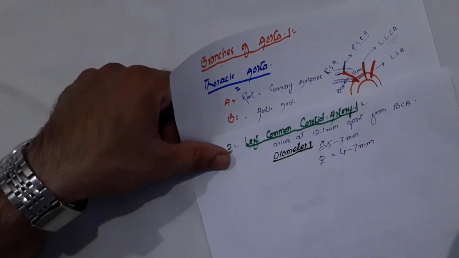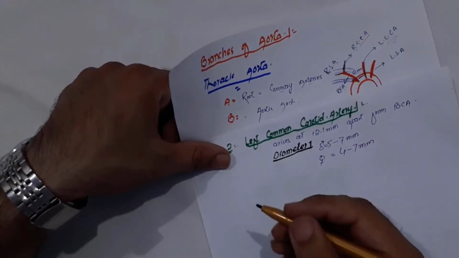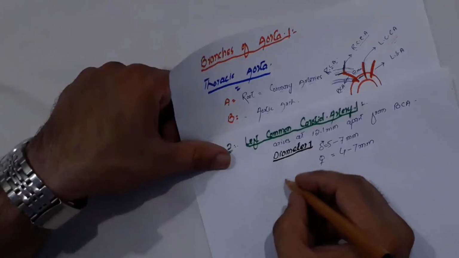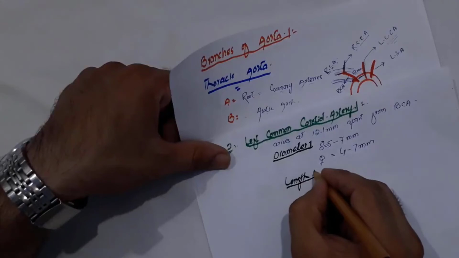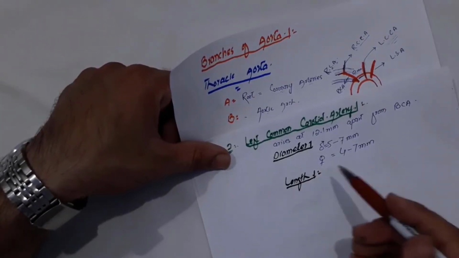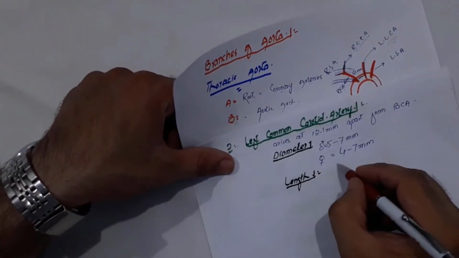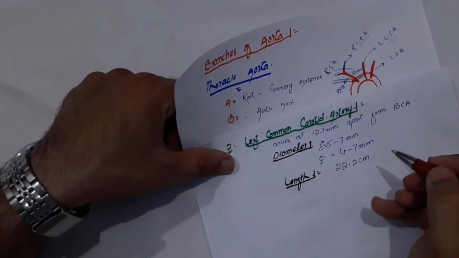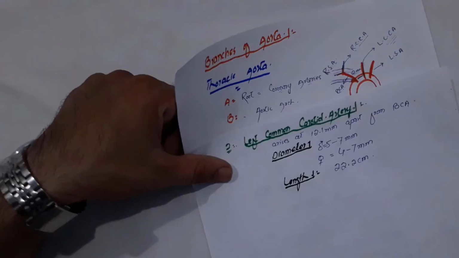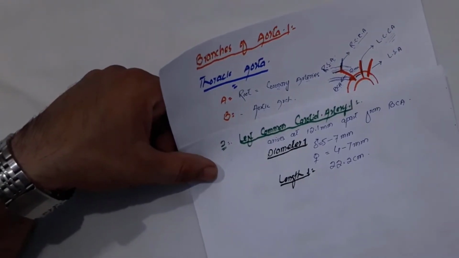Right. And now, what is the length of this left common carotid artery? The length of this left common carotid artery is about 22.2 centimeter.